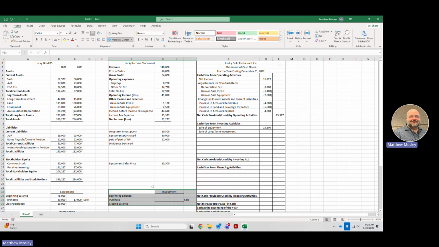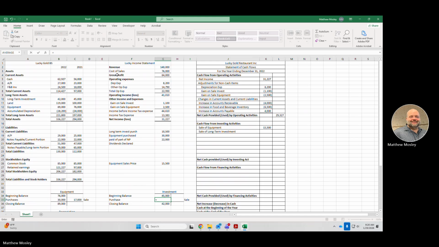And we're going to start the same way we did with equipment. We're going to start with the beginning balance, which was 2021. We're going to do the closing balance, and we're going to do the purchases. And the purchases, the book told us, was 10,500.